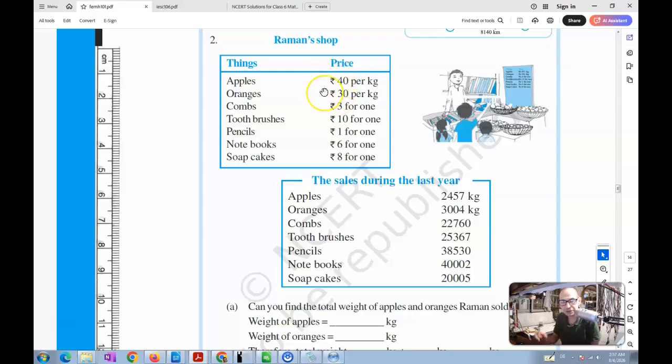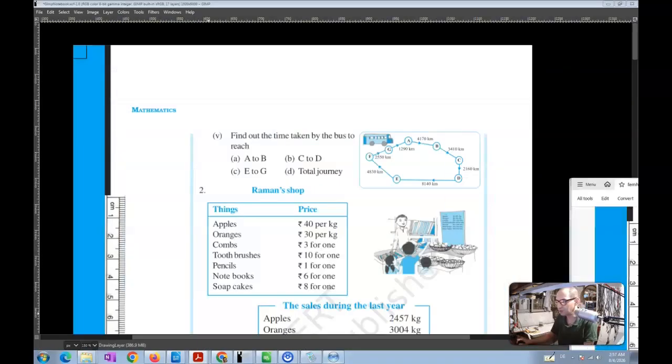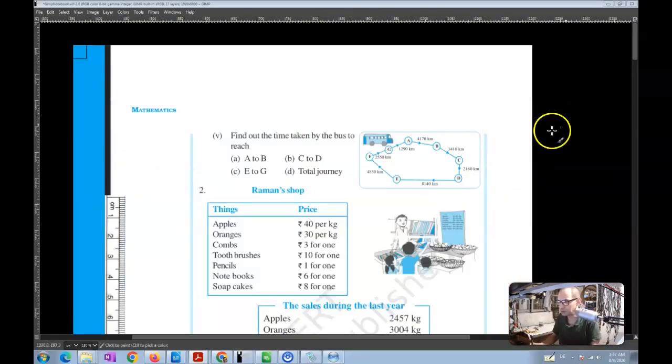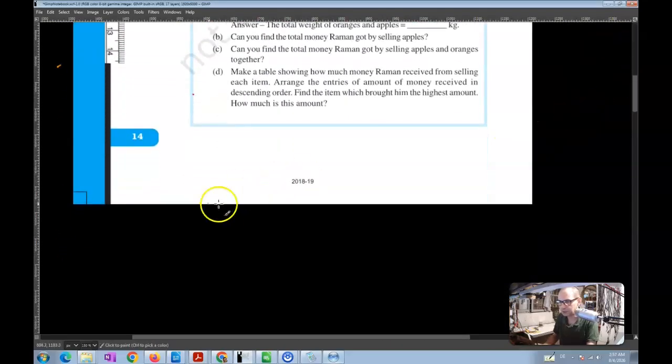Instead of writing rupees, you would write it as this symbol over here. Now when you say 40 rupees per kilogram, that's one of those units, and you need to understand what that means.